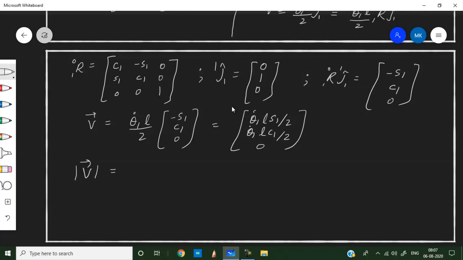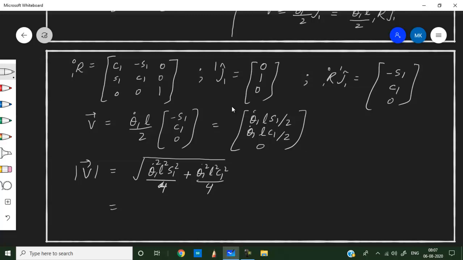So this will be nothing but the square root of theta 1 dot square L square sine square theta divided by 4, plus theta 1 dot square L square cos square theta divided by 4, plus 0. If you take the common factor, sine square theta plus cos square theta is nothing but 1.